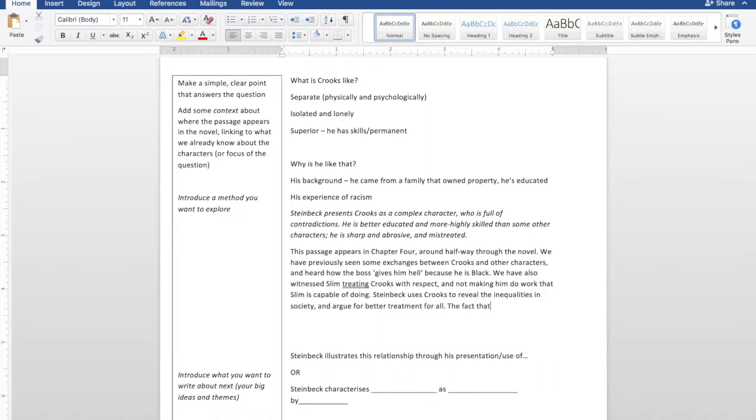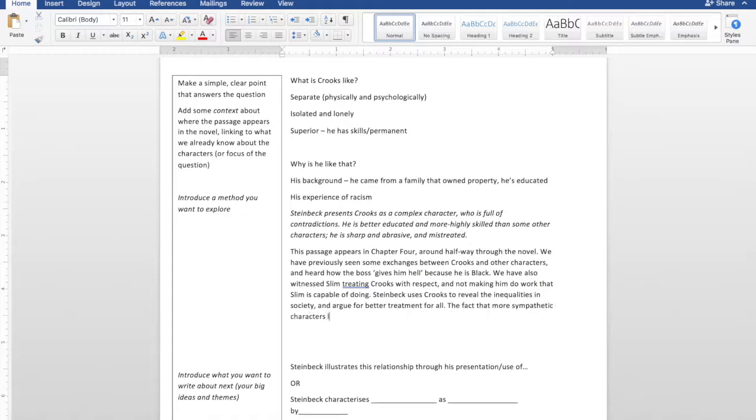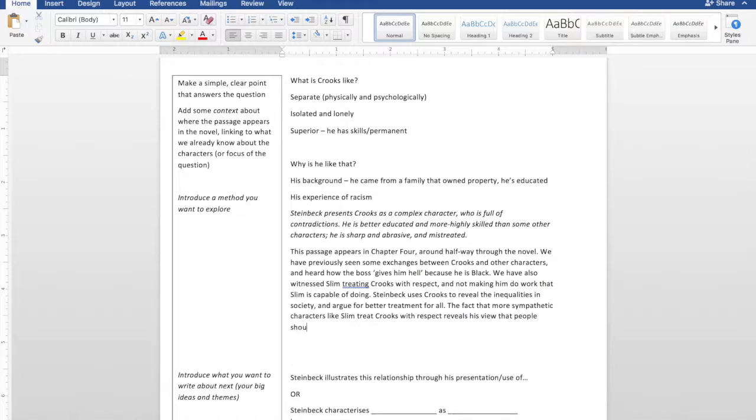The fact that more sympathetic characters like Slim treat Crooks with respect reveals his view that people should be treated with respect, and that everybody deserves companionship.